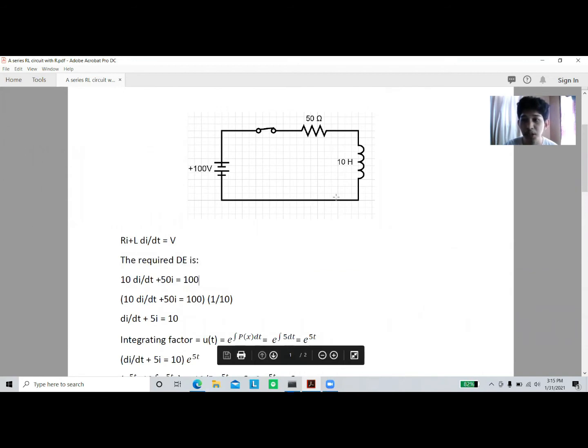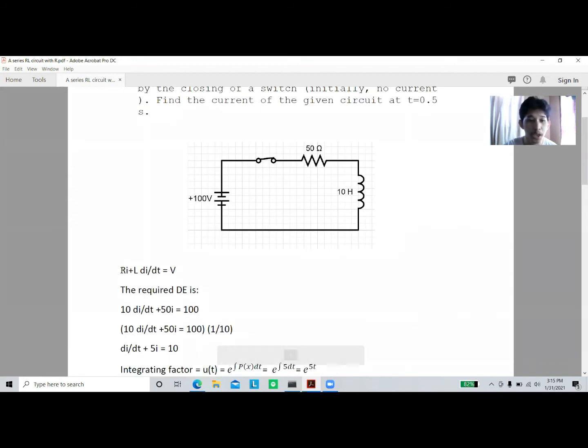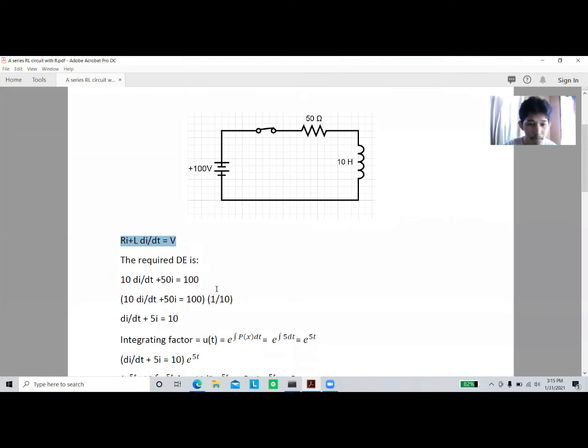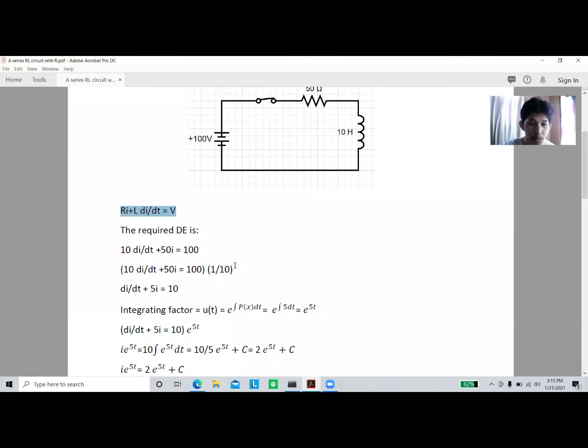So after substituting all of the values that are given in the equation of the RL circuit, or the ODE of the RL circuit, we can now manipulate it. We just need to simplify this one. We need to divide both sides of the equation by 10, or we can multiply both sides of the equation by 1 over 10.